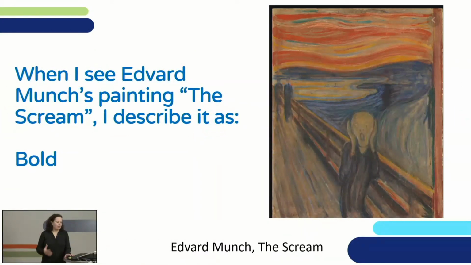I think of some situations that make me scream, but I don't scream out loud. Sometimes I scream inside. Scary, like the coronavirus time right now. It's a little bit scary, but don't worry, everything will be okay. So when I see this painting, I can describe it as bold. Also, the colors are bold colors, strong colors.